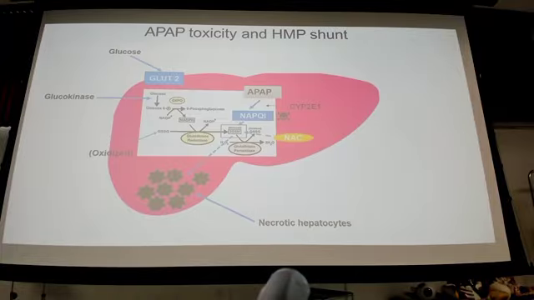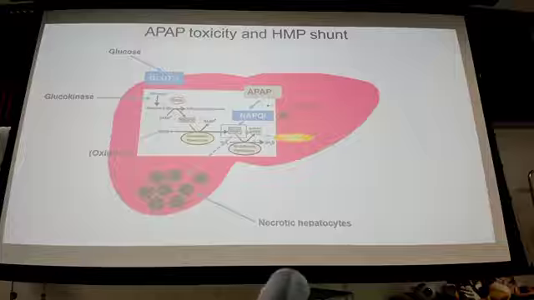And so here is that HMP pathway, and this is what NAPQI is doing. When acetaminophen is metabolized by cytochrome P450 2E1, NAPQI is formed. NAPQI is scavenged by glutathione, and when it does that, it produces a non-toxic substance.